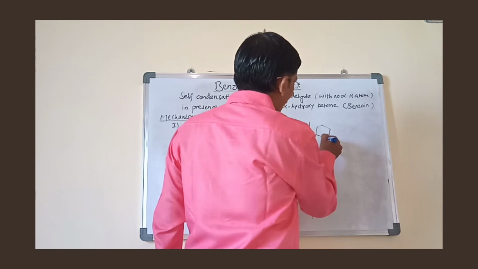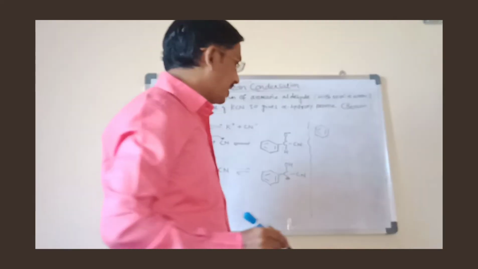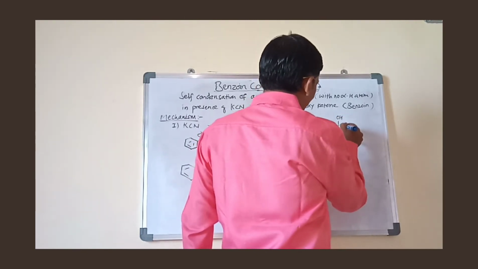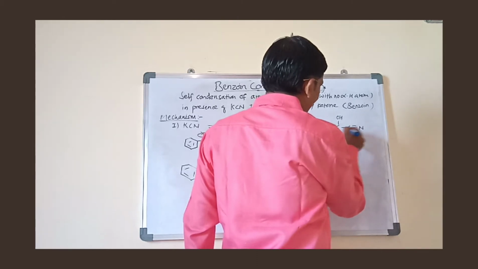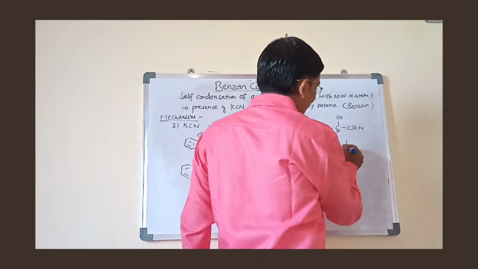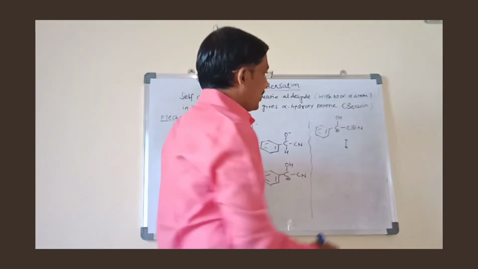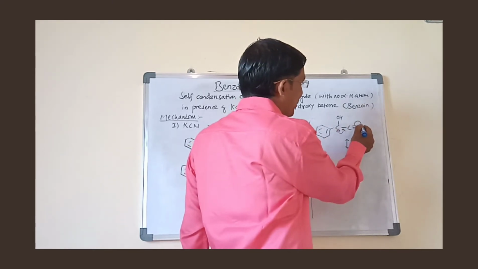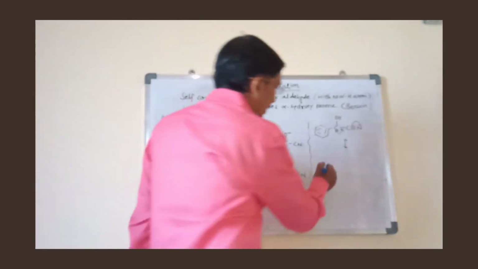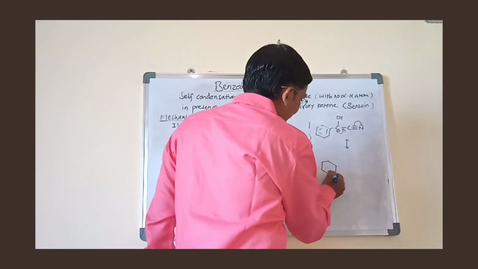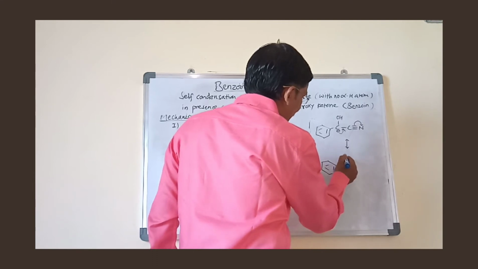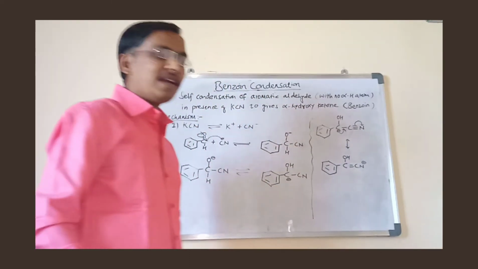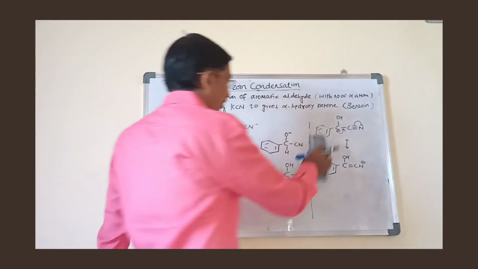No doubt there is a resonance of the double bonds present in the ring, but the extra conjugation is of the cyanide C triple bond N. This negative charge is conjugated with the triple bond, hence the negative charge forms a double bond here and the negative charge is shifted onto the nitrogen. In this way, the resonance takes place, and that carbon gets stabilized. This is one of the reasons.